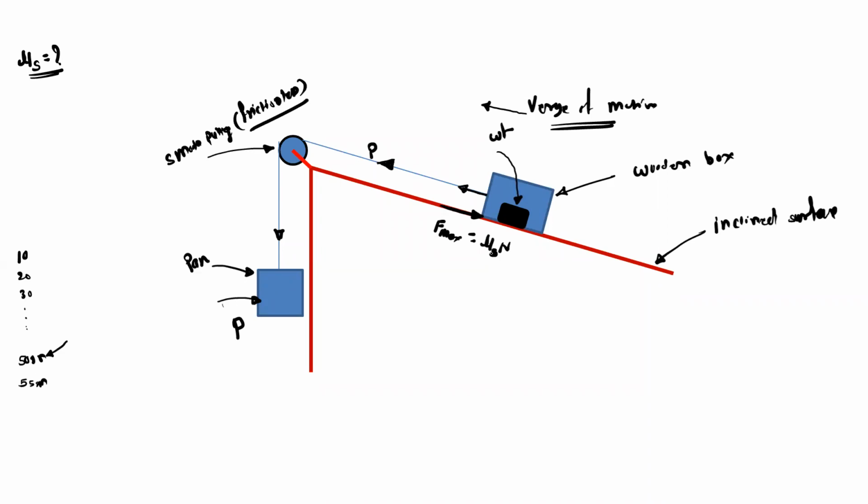Now we will see how to find out the coefficient of friction. For that, we need to draw the free body diagram. We will draw the free body diagram only for this box. This box is resting on this inclined plane.